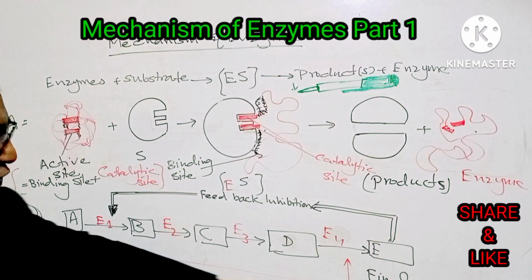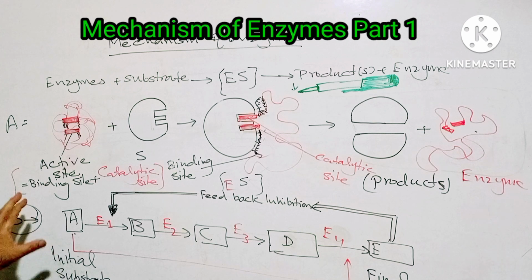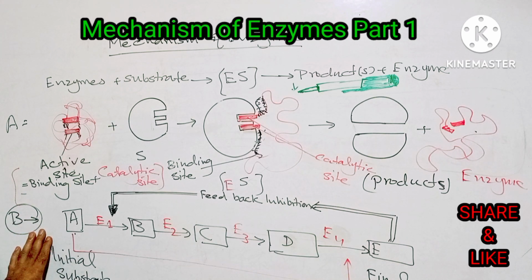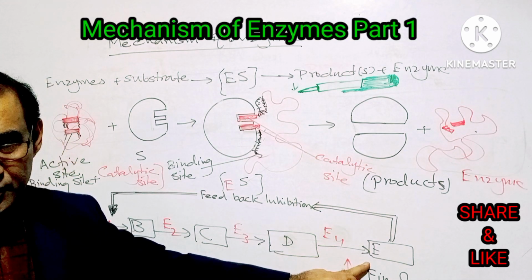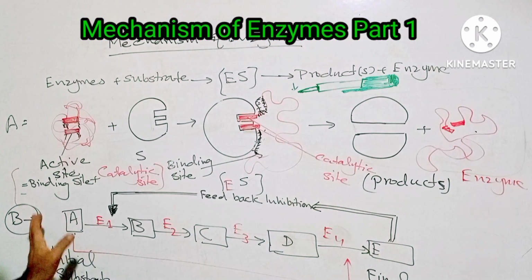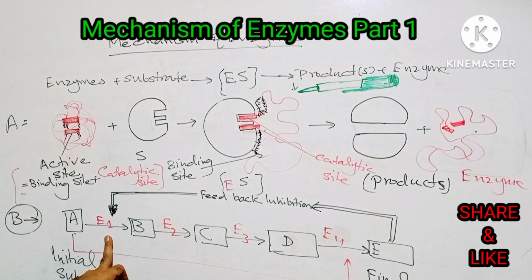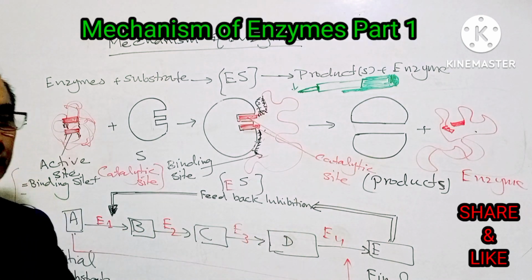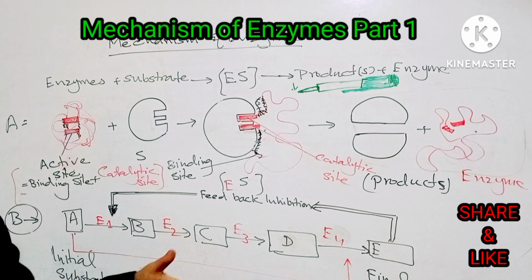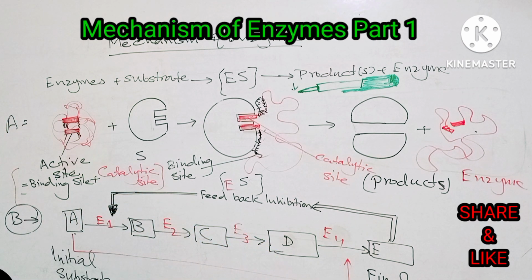So this is the promotion. As the initial substrate is available to the cell, it promotes the final product formation, and as the final product is formed, it inhibits the beginning or start of this cascade system of biochemical reactions in the series. So this is the mechanism of enzyme action.